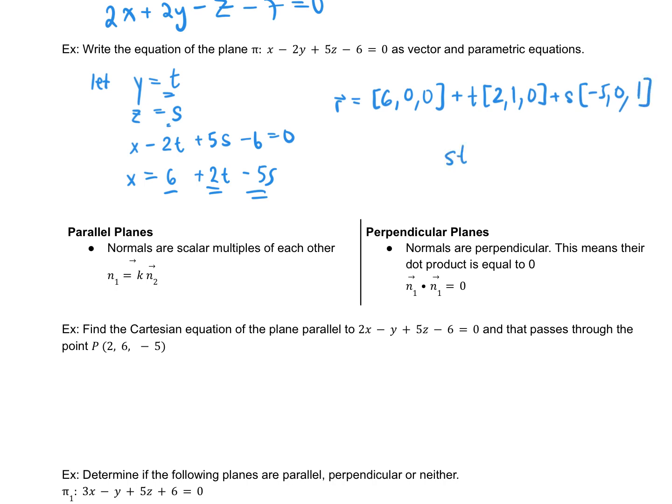And for all of these, s and t are any real number. And there we are. So for this, we can set any of our three variables equal to two of the parameters and then just isolate for the third.